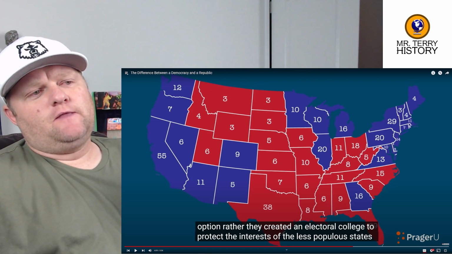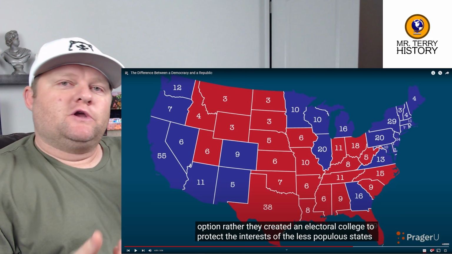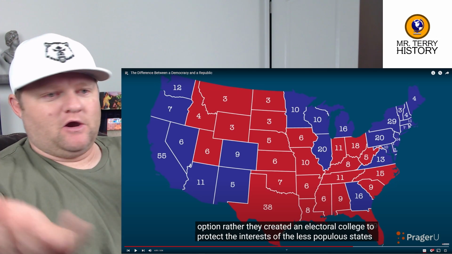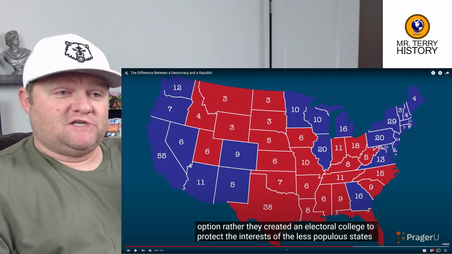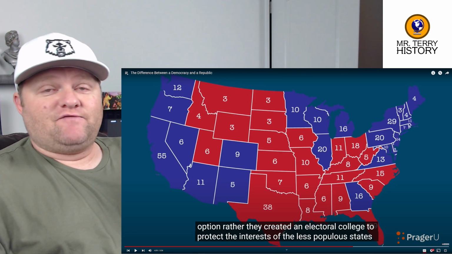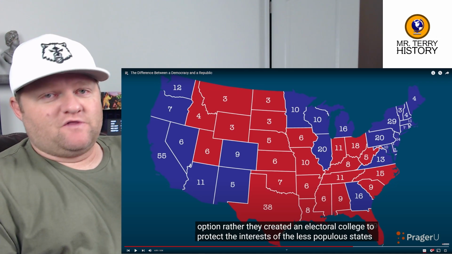And you generally find in the United States, conservatives are a lot more supportive of the Electoral College because, as you can see on the red-blue map here, depending on the election, a lot of the smaller states, in fact most of the smaller states, often vote for Republican candidates that align with their beliefs more.